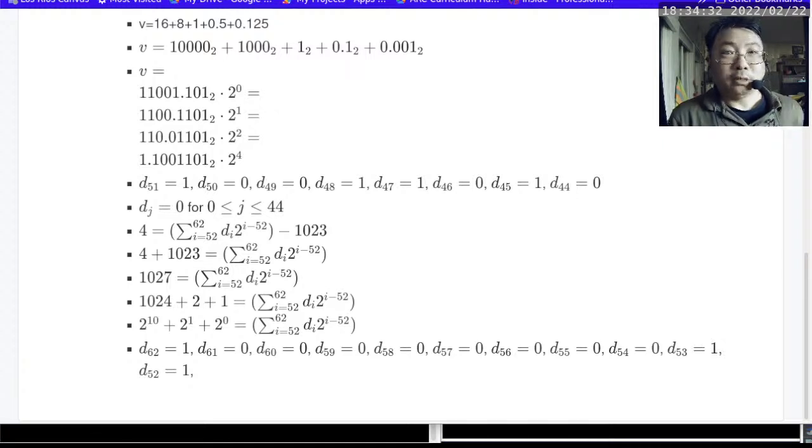Let's double check. We know bit 0 to bit 44 are all going to be zeros.